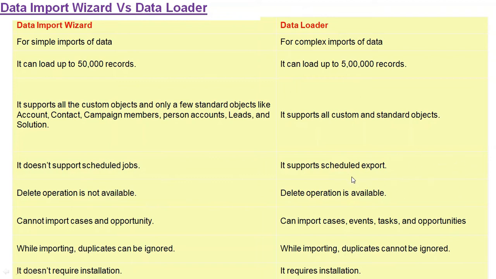Likewise we do the same stuff, but execute it through the command line interface. We will have one process file, and within that process file we can schedule it, or we can execute it immediately. The entire stuff is done through command line interfaces.